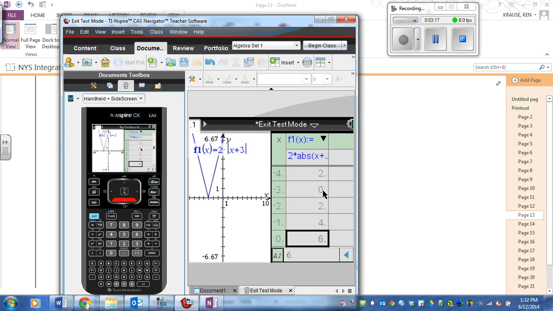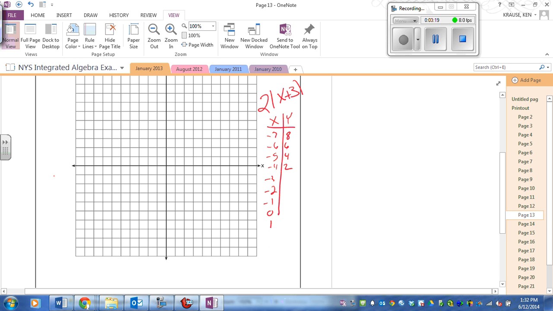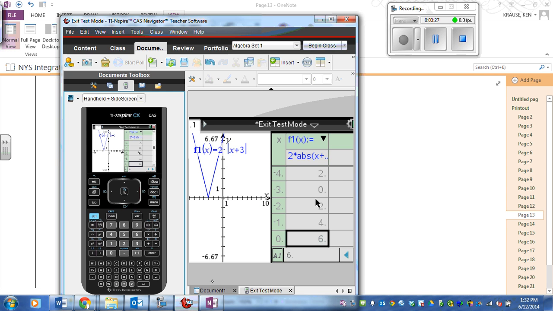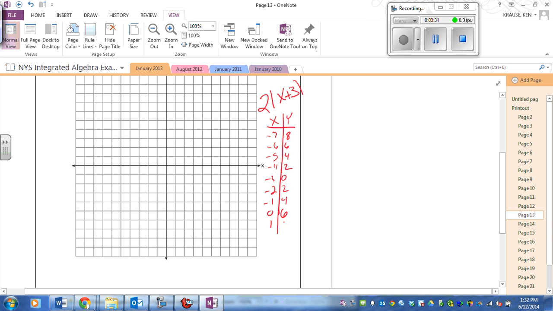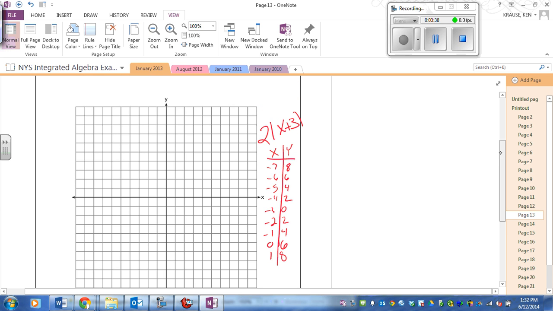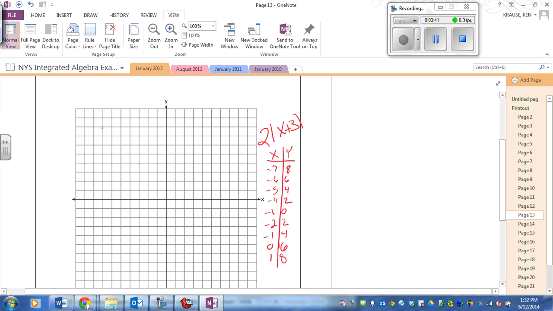And for negative 3, it's 0, 2, 4, 6. And the last one was 8. So I'm going to start: negative 7, 8.